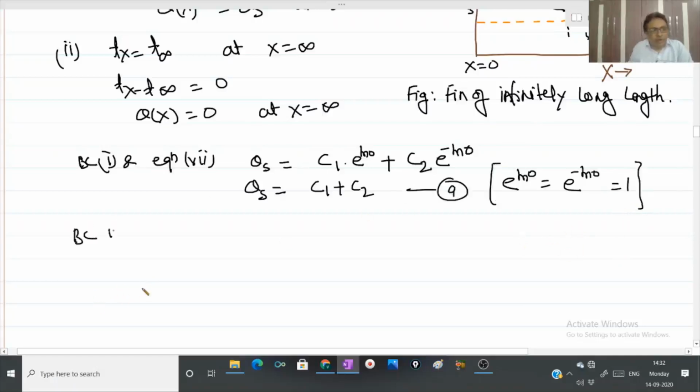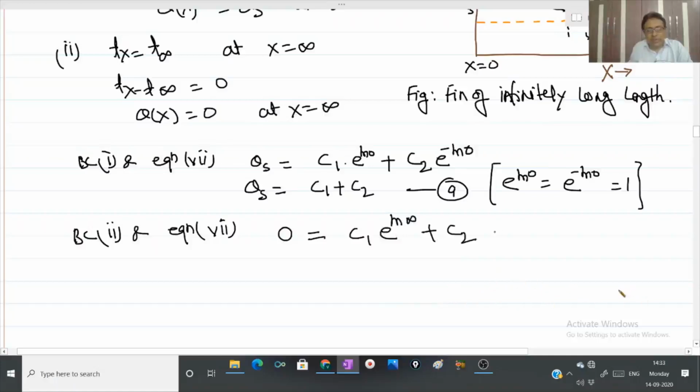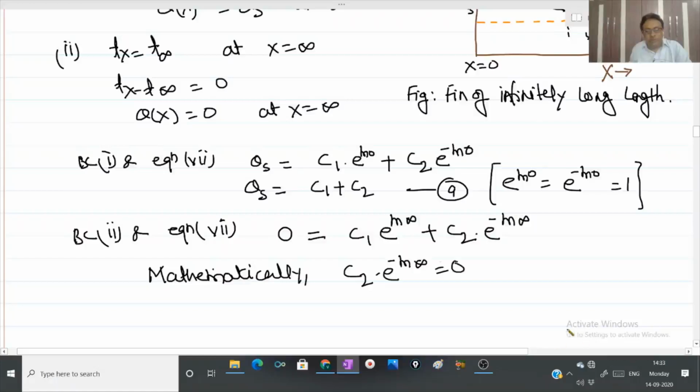Similarly, from boundary condition 2 and equation 7, theta x is equal to 0, so 0 equals c1 e to power m infinity plus c2 into e to power minus m infinity. Now from the mathematical relationship, c2 into e to power minus m infinity will become 0.